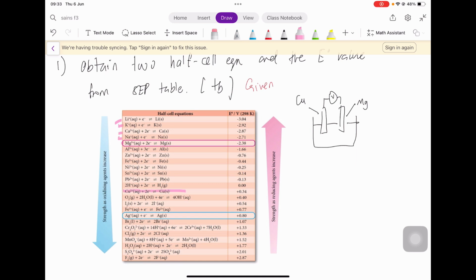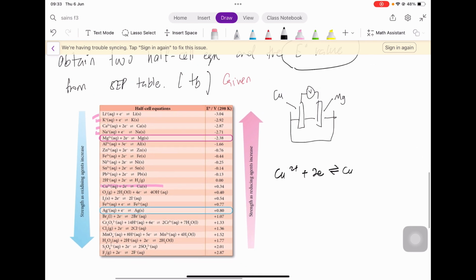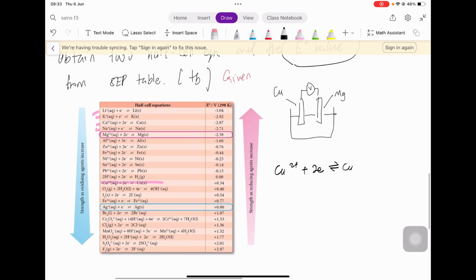So you salin balik, you tulis kat tepi. Tulis lah Cu2+ + 2e → Cu, and then don't forget to get the E naught value also. E naught value for copper is positive 0.34.